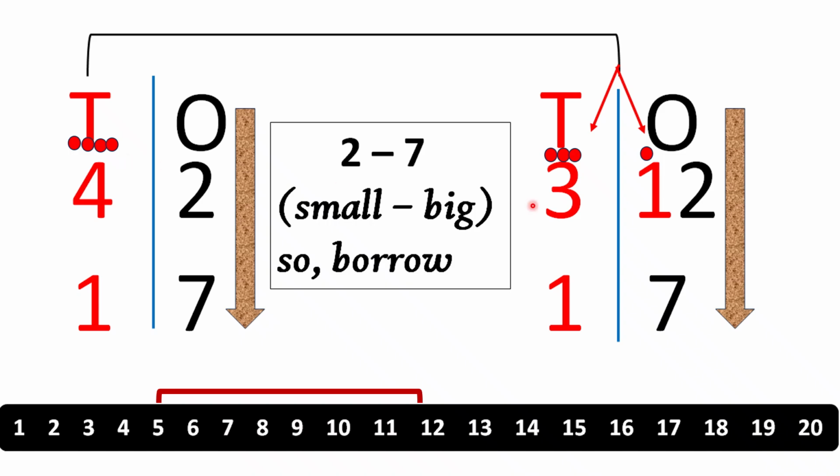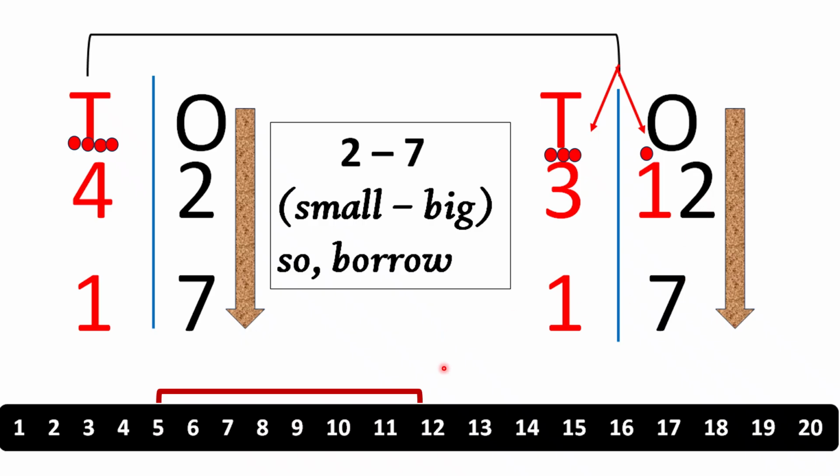When you borrow, 3 circles stay here and 1 circle goes to this side, still red in color indicating tens place. So 1 ten and 2 units, 12 minus 7. The child should read it as 1 ten and 2 units, 12, 12 minus 7.